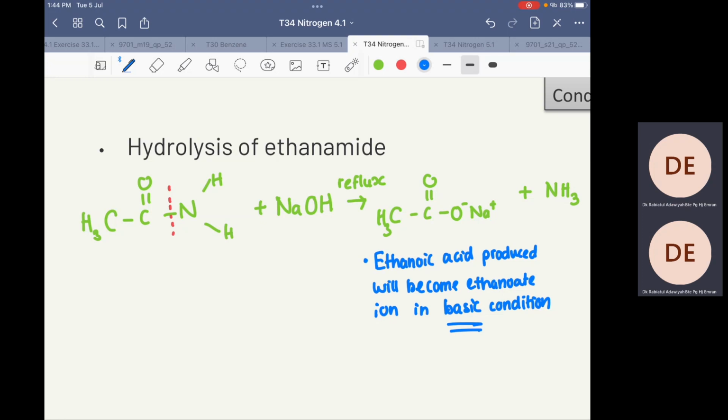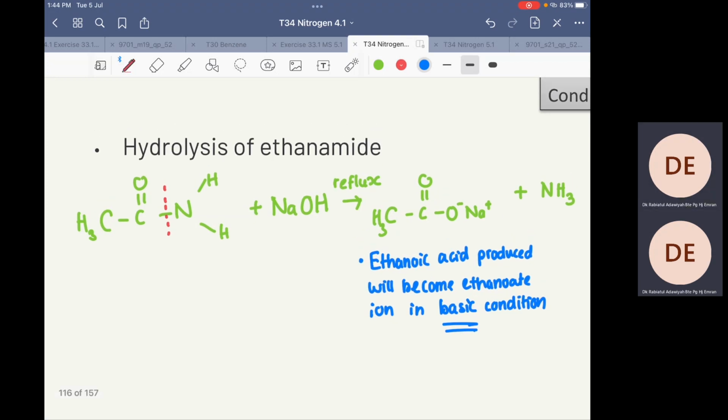Okay, there's a second step. So this is step 1. The second step is the liberation of the acid. Okay, liberate means produce or release the acid.